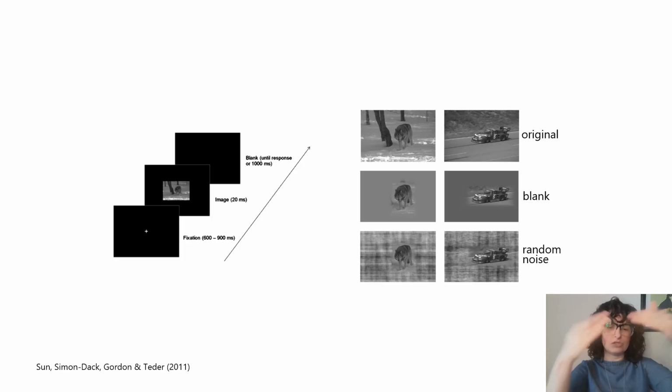So they took the background that they had previously blanked out and put it into a random noise generator that pixelated it and randomized all of that noise in order to produce this background. Essentially, you have the same amount of visual stimulation, but you're still eliminating that background or that context through random background noise.